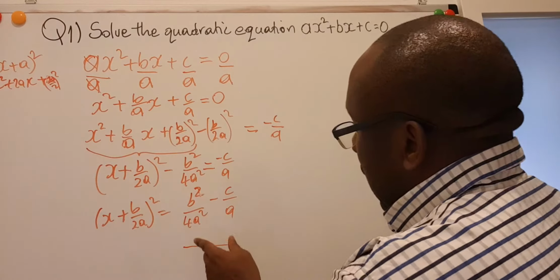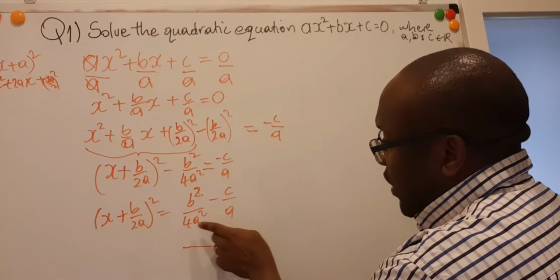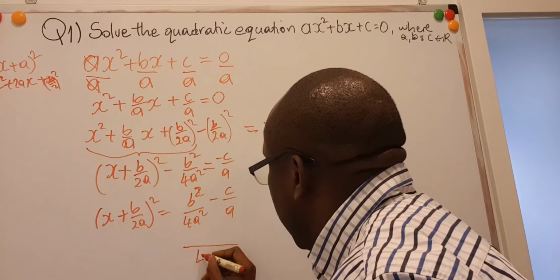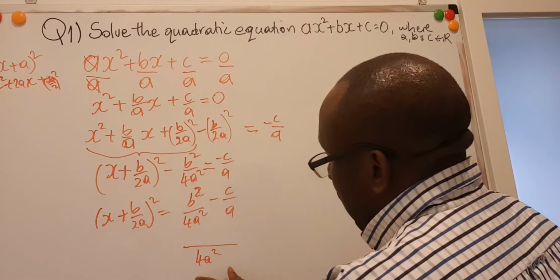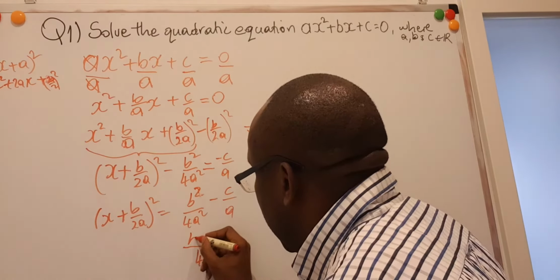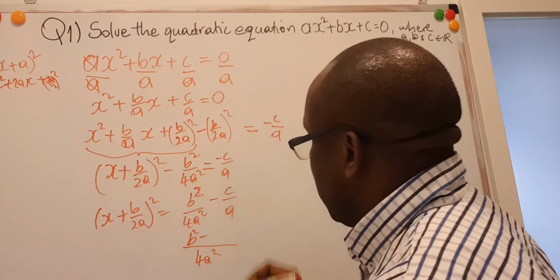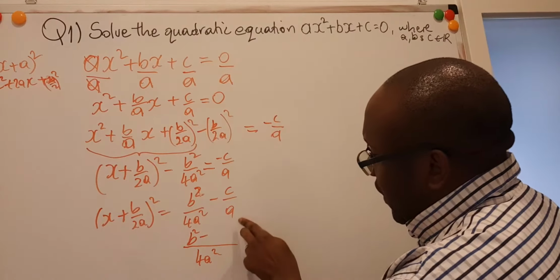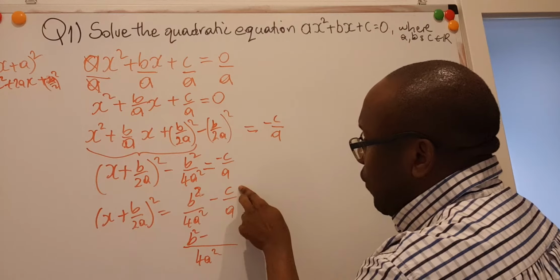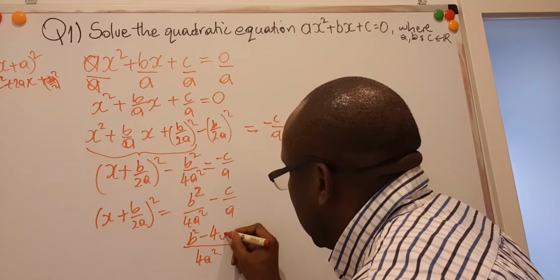Now look for the lowest common multiple of these two. Actually, this is just 4a squared. 4a squared can divide this and it can divide that. So I can write there 4a squared. 4a squared divided by 4a squared is 1, and 1 times b squared is b squared. Minus, 4a squared divided by a, this a will cancel one of the a's and I'm left with 4a, and 4a times c is 4ac.